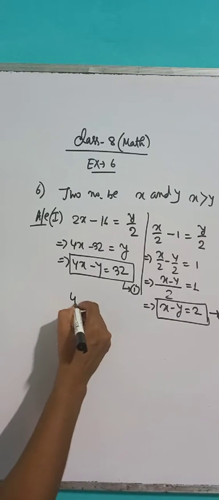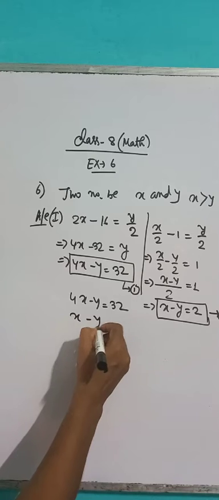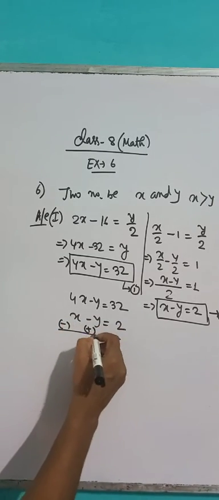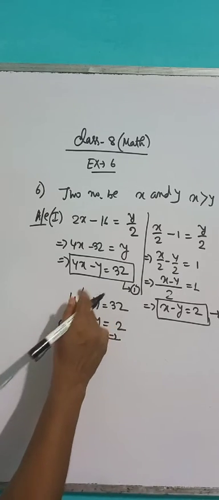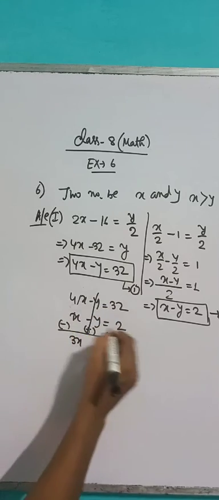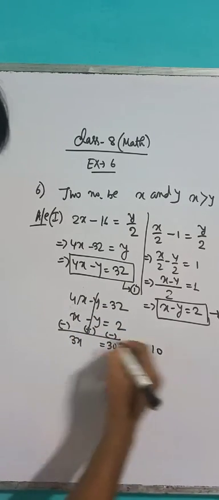So first equation 4x minus y is 32. Second equation x minus y is 2. Subtract. Sorry, this will become 3x, y is cancelled, equals 30. So x value will be 10.